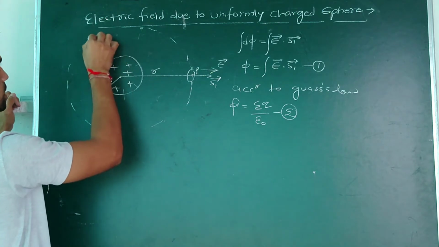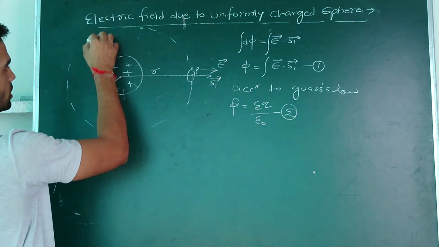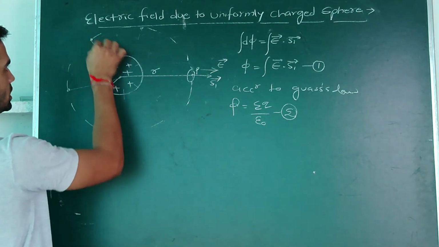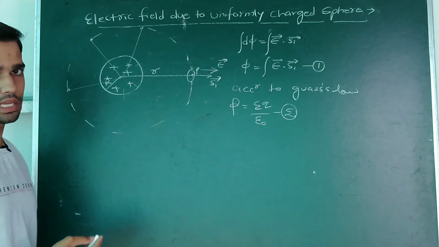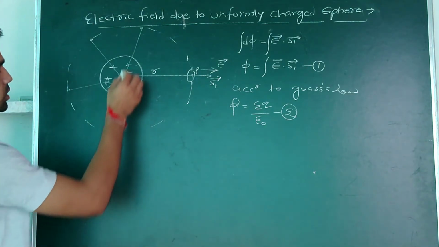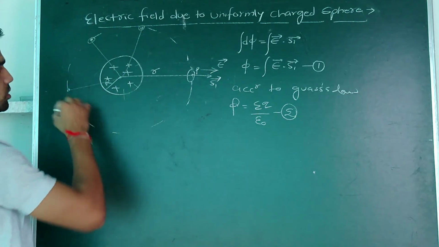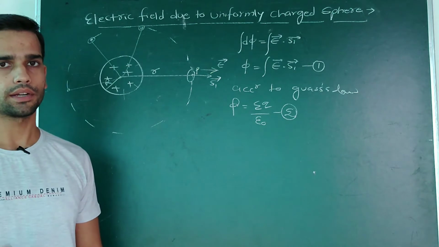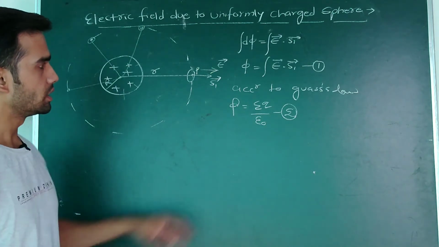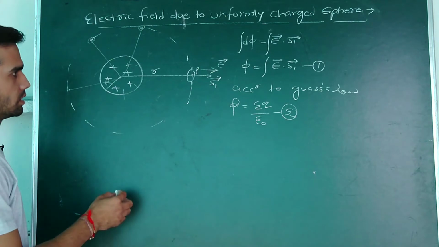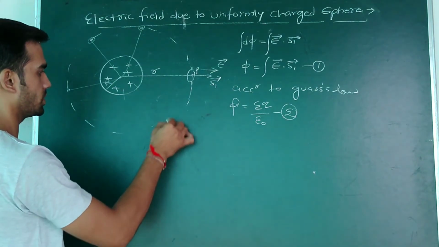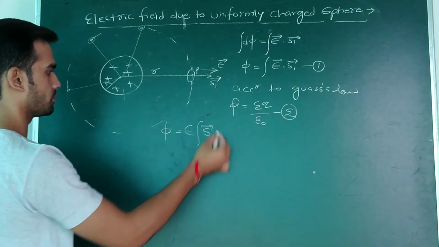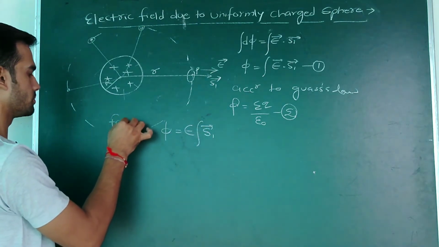If you calculate electric field at this point or at this point, the distances from the center of the sphere are the same, so the magnitude and direction of the electric field will be the same. So the electric field comes out of the integration sign, and from equation number 1, phi becomes electric field times the integration of S1 vector.